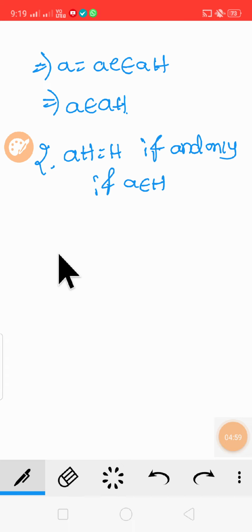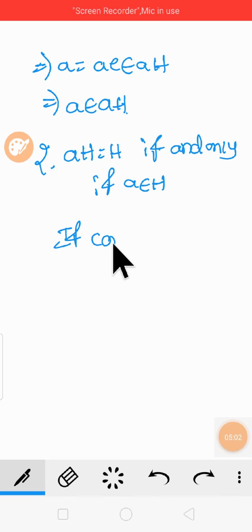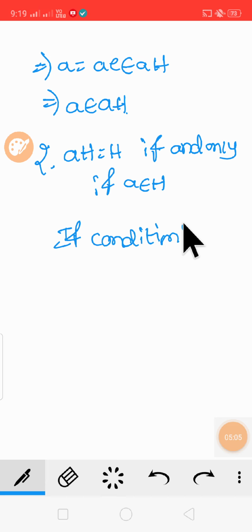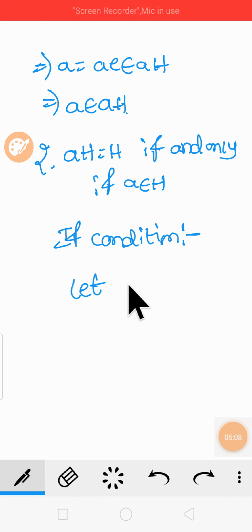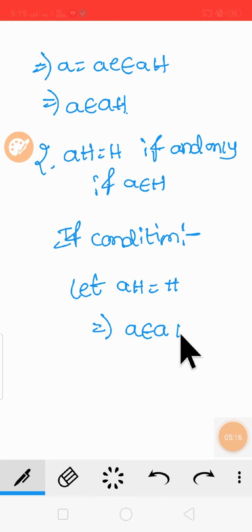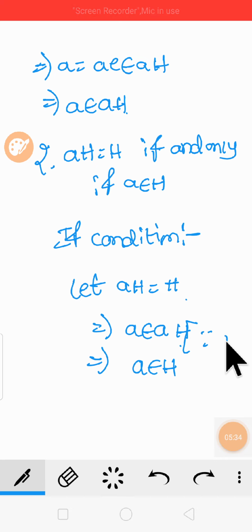If condition: let aH = H, implies a belongs to aH, implies a belongs to H. Here we have the condition aH = H, so a belongs to aH from the first condition.